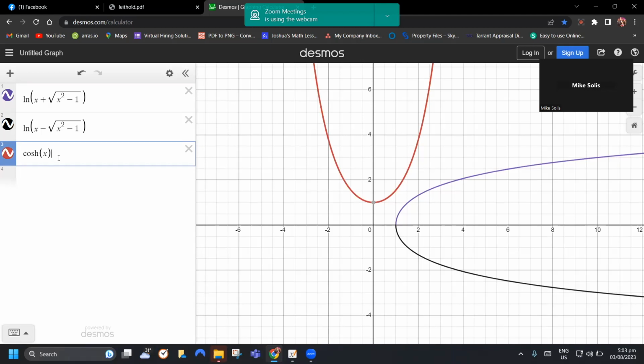Kasi, yung cos hindi invertible kapag buong domain, kasi for each y, dalawa yung x. Yung inverse will only assign 1 x. So, maglagay tayo ng restriction for x greater than or equal to 0. And then you have to decide, alin sa dalawa yung inverse ng cos in that domain.